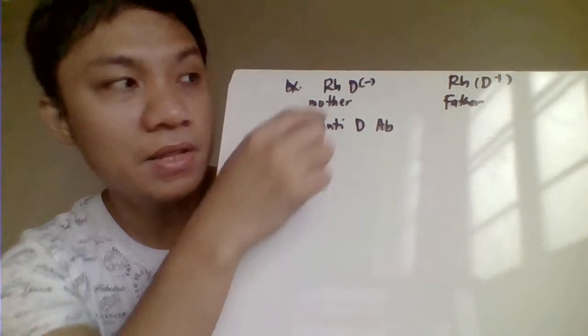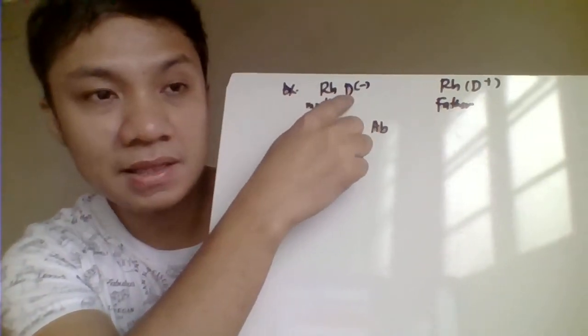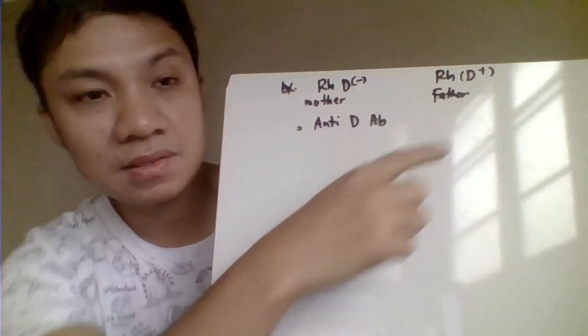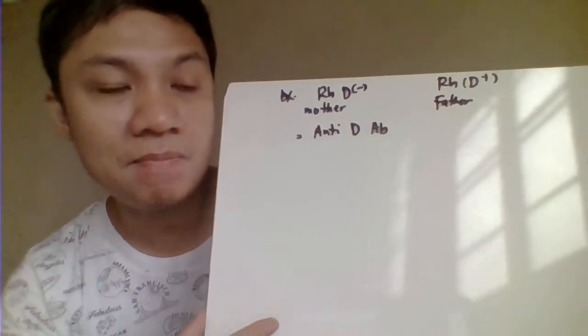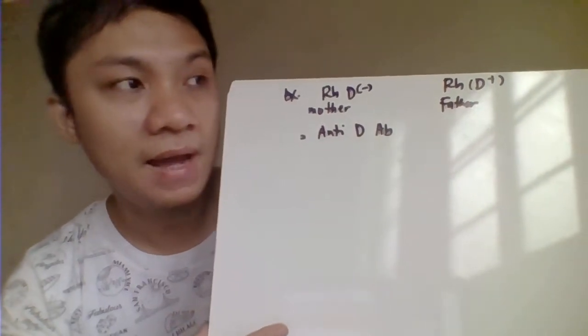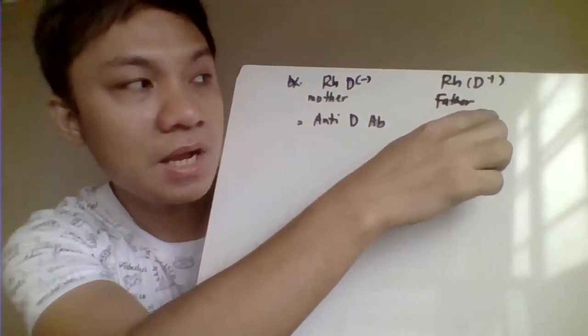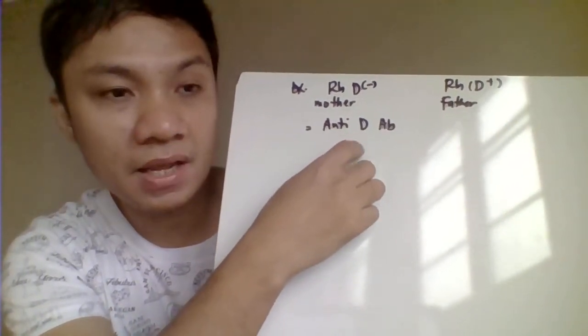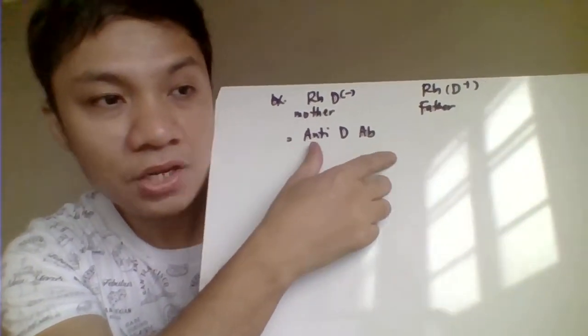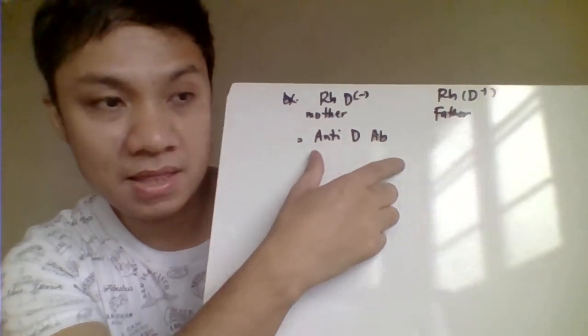Since the mother doesn't have the RhD antigen, she is exposed to the father's D positive antigen. What happens is the mother is exposed here. When she is exposed, she will develop an anti-RhD antibody. And you consider this one as the immune antibody.